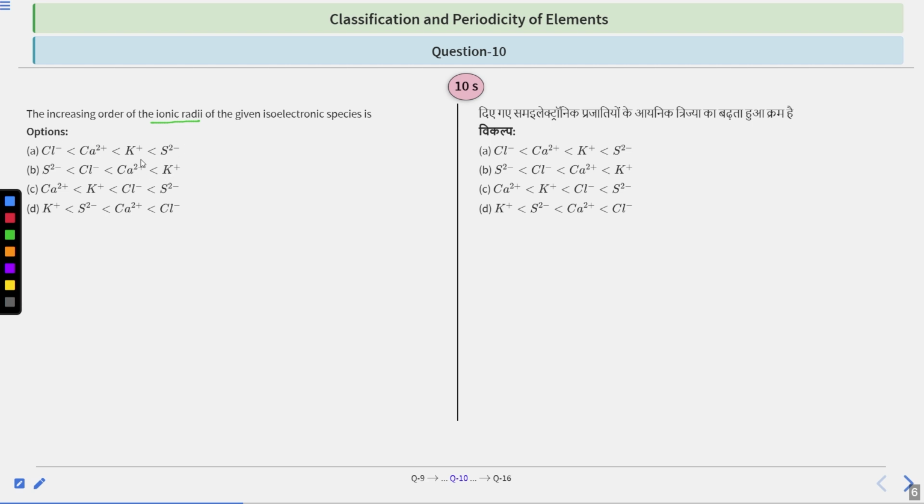Potassium positive, calcium 2 positive, chlorine negative, sulfur 2 negative. Sulfur 2 negative most, then chlorine negative, then K positive, then calcium 2 positive. Or chlorine negative most, then calcium 2 positive, then S2 negative, then potassium positive. You have to choose the correct one, and you have 10 seconds to solve this question. After that, we will see the correct answer.